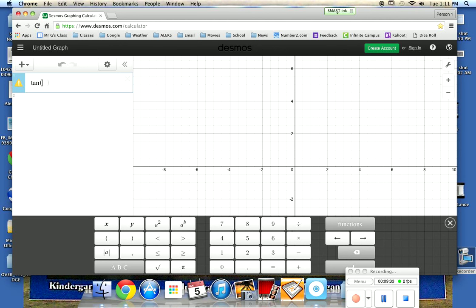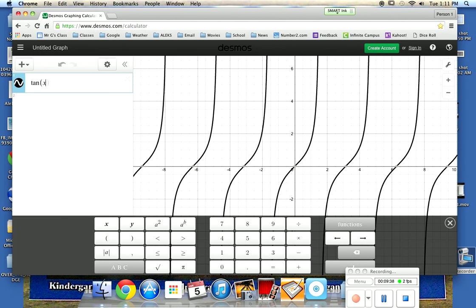If we take tangent of x, and we do an amplitude. What do we do when we amplitude? It makes it louder, but if we take tangent of x here, we put, let's say, a coefficient out in front of it.